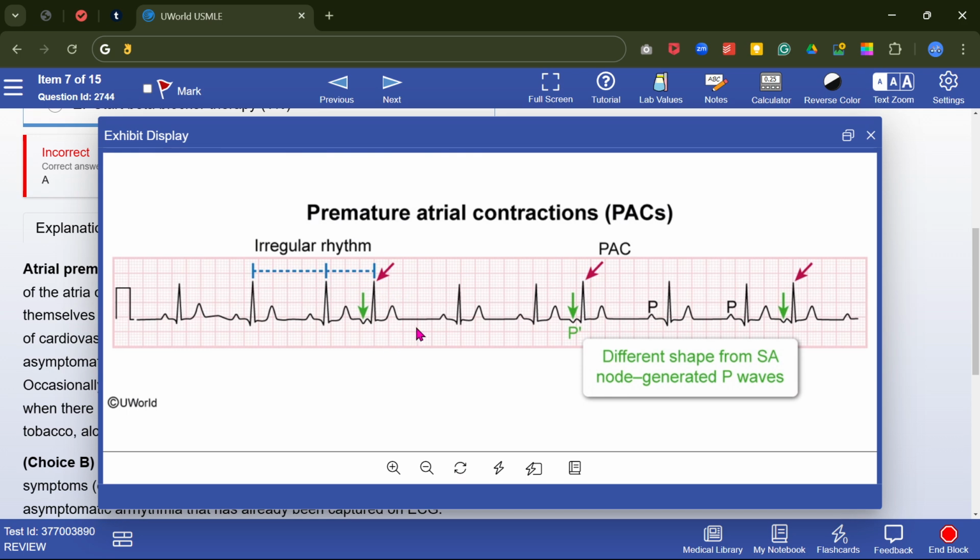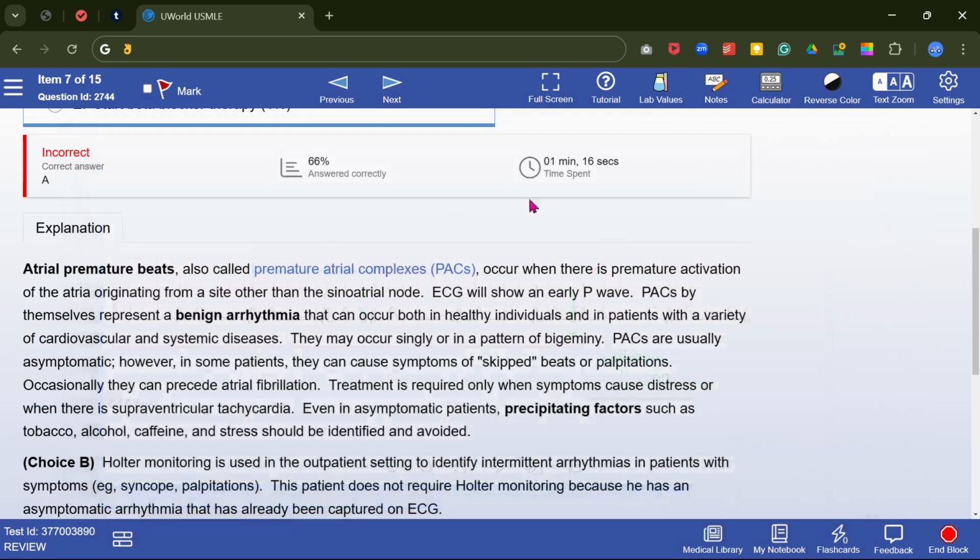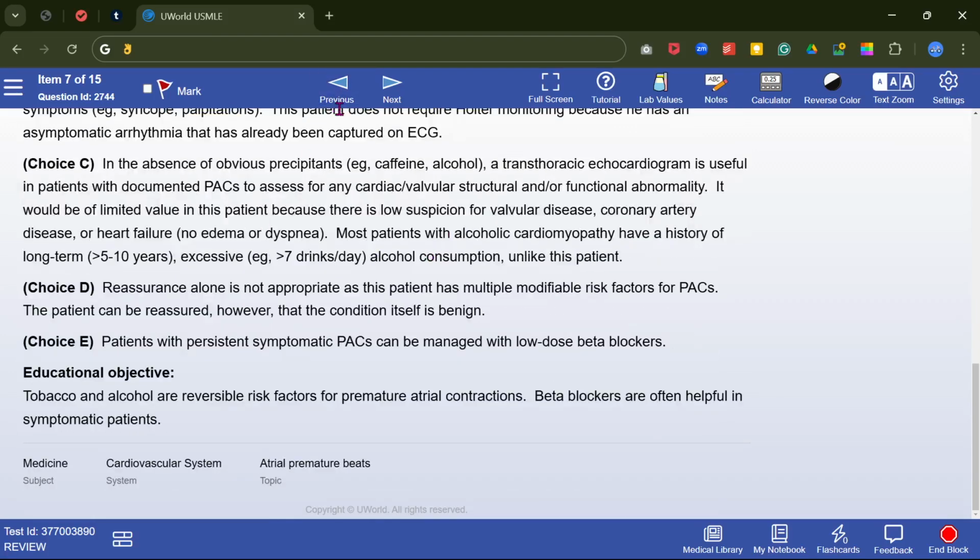They have different shapes of P waves, different from the SA node generated P wave. Irregular rhythm, PAC, premature atrial contraction.